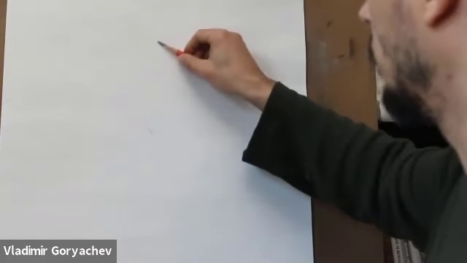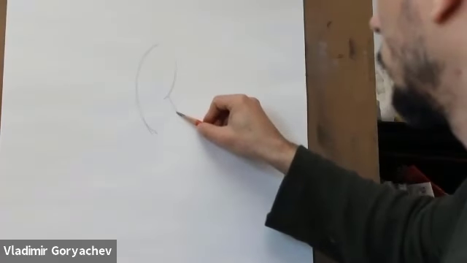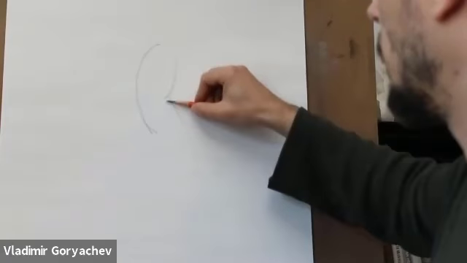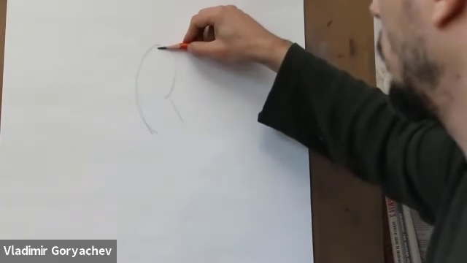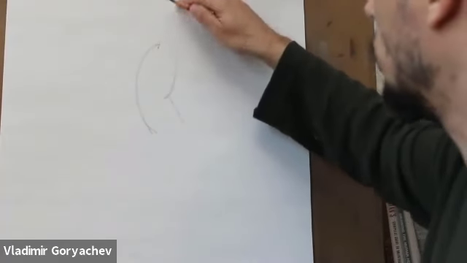We've got the top, bottom, the middle, a torso going like this. Thinking about these proportions really quickly. Where is this in relationship to this?